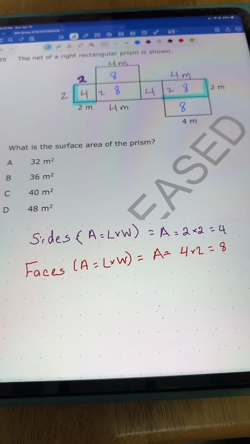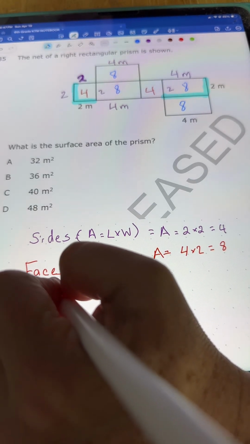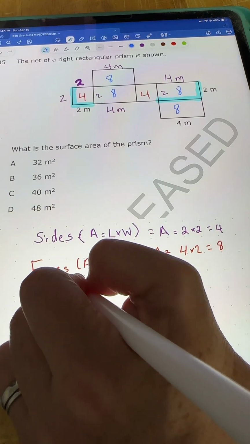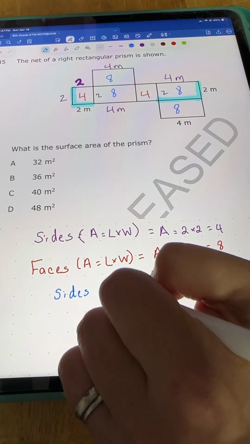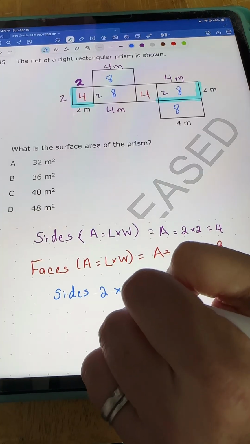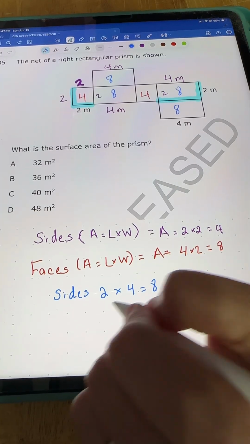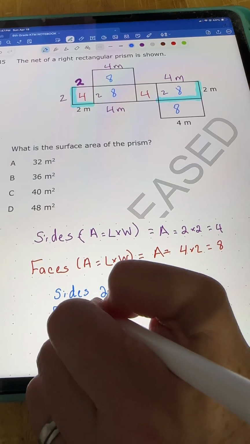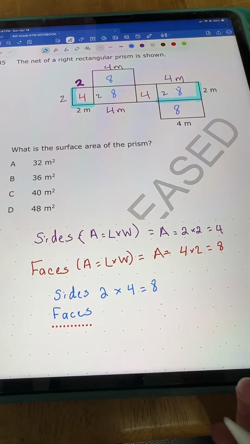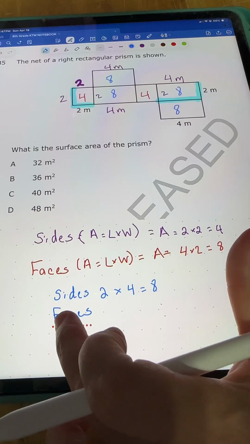And then I've had some students that will say, okay, well, my sides, I have 2 of them. And so 2 times 4 is 8. And then my faces, or in this case, my rectangles, it doesn't matter what you call them, as long as your student knows what they're talking about.